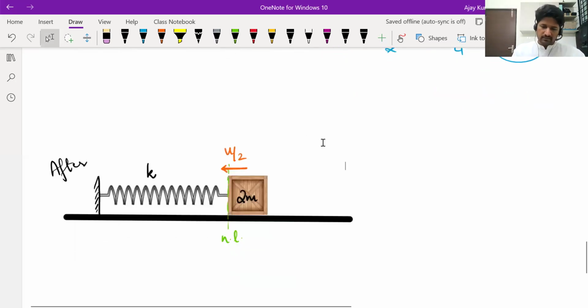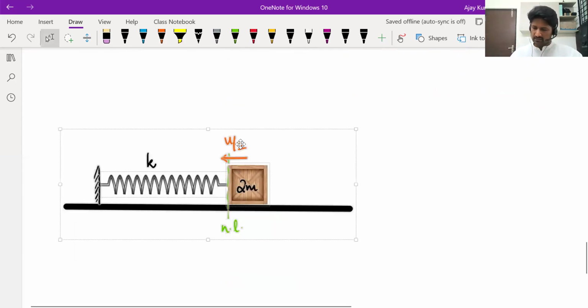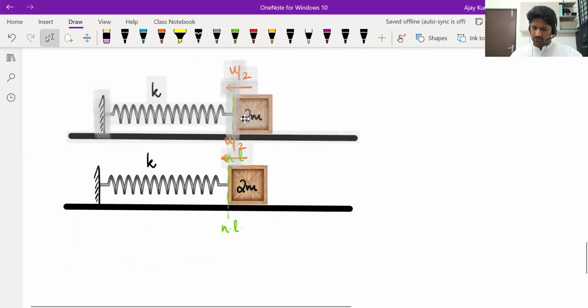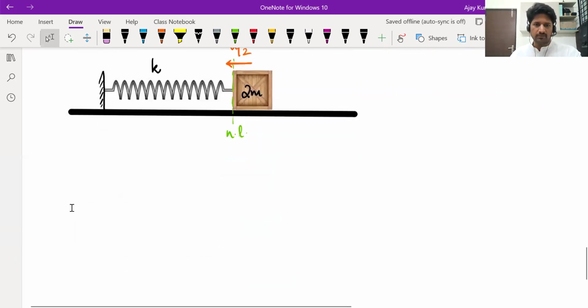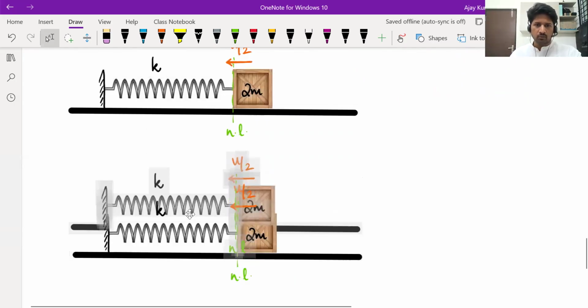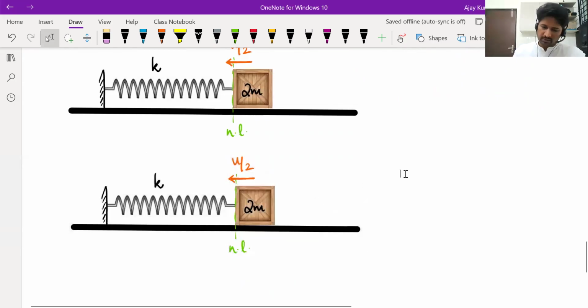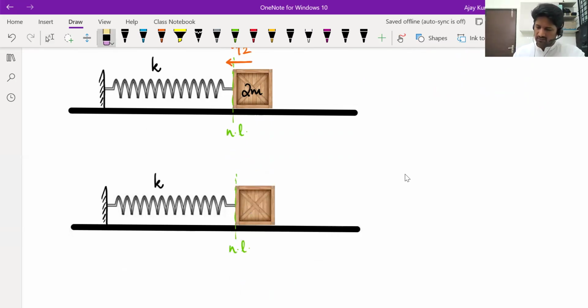After this, the spring starts to get compressed, and you know what happens next. The block slows down, stops somewhere. Let's imagine that part of the motion of the system now. 2M started with a speed U by 2, but it cannot maintain that speed.